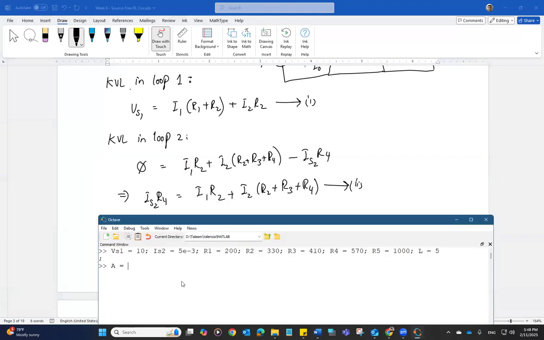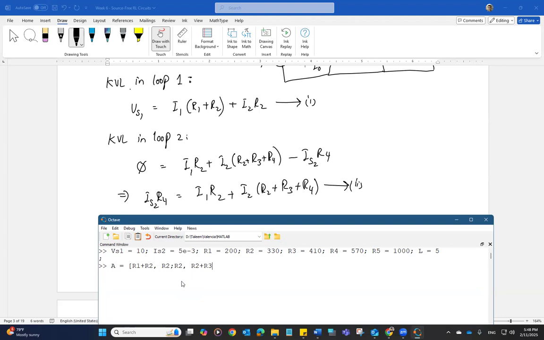So my coefficient matrix from the two equations for I1 and I2 is R1 plus R2, and then R2 for I2, and the next equation is R2 and R2 plus R3 plus R4.